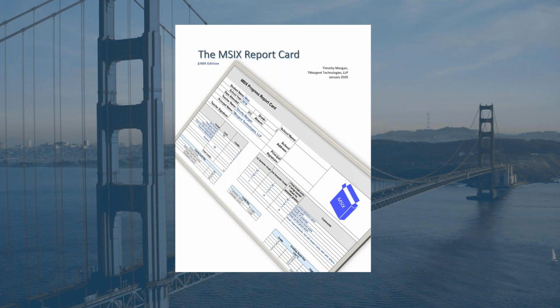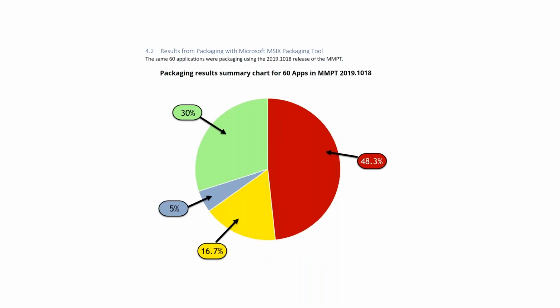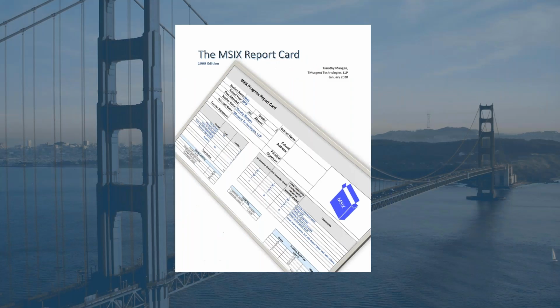He's one of the masterminds behind it. That's icon number 4. There are just certain things you can't do with MSIX yet. Some things you can, some things you can't. And Tim has a white paper called the MSIX report card, which has a lot of details on things you can and can't do.